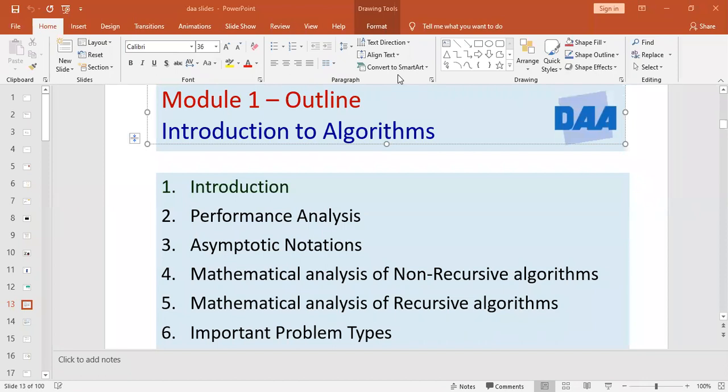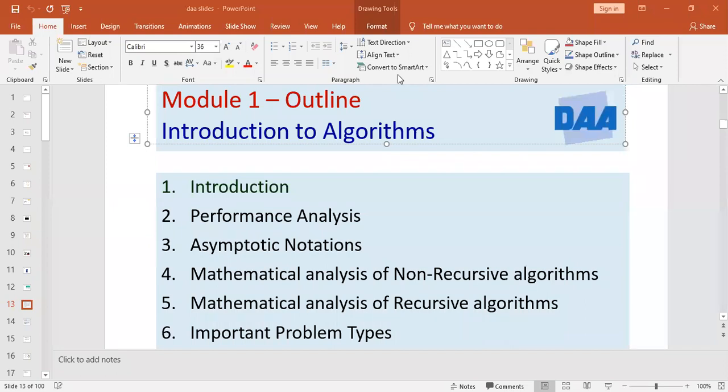A set of rules that must be followed when solving a particular problem. Okay, a step by step procedure to perform a particular task. Good. Okay, it is well and good.